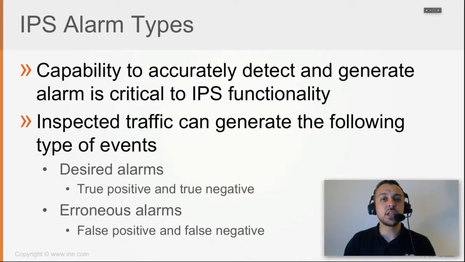Now, just like in the case of NAT inside local, inside global, outside local, outside global, there's a big confusion here, and people try to memorize what true positive and true negative mean.